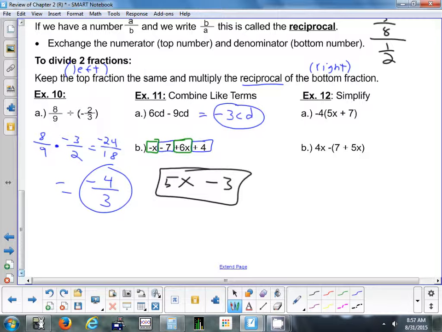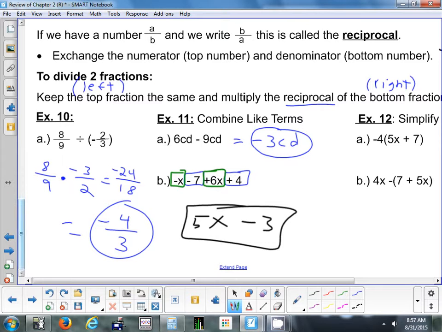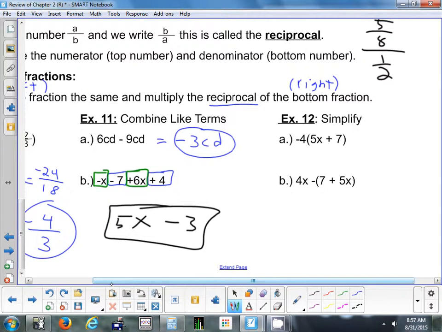Okay, how about Gabe? What am I distributing in the top one? Yeah, so what are we distributing in that top one? Negative 4. Good. We're going to distribute that negative 4. Notice he said negative 4.